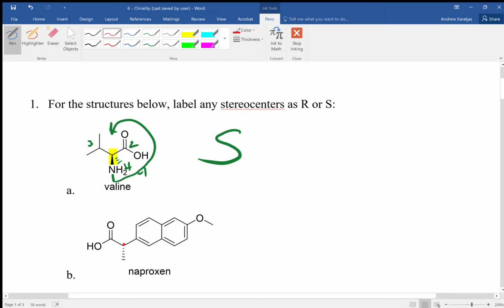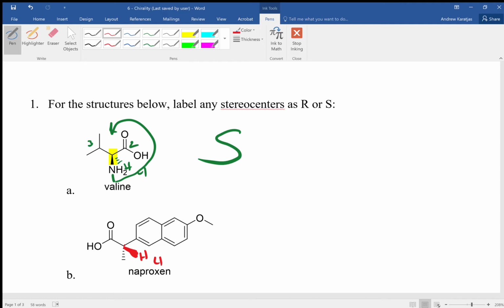Now with naproxen, the hydrogen that's not drawn in, which is of course our lowest priority, is pointing forward. Other than that, we have to determine the priority between three other carbons. We have the carboxylic acid to the left, the aromatic structure to the right, and the methyl pointing down.